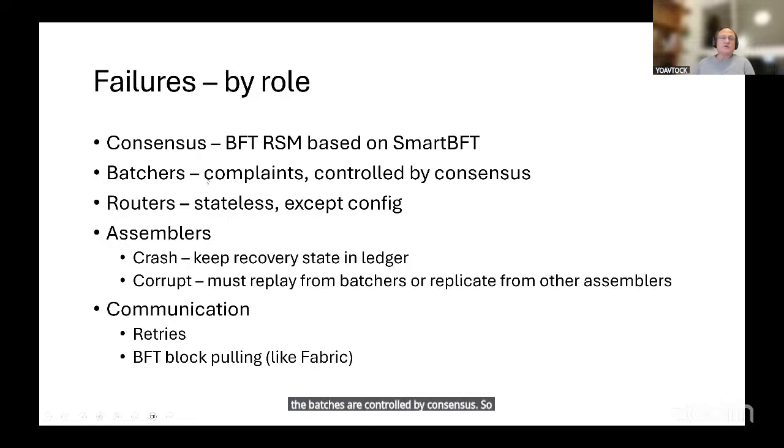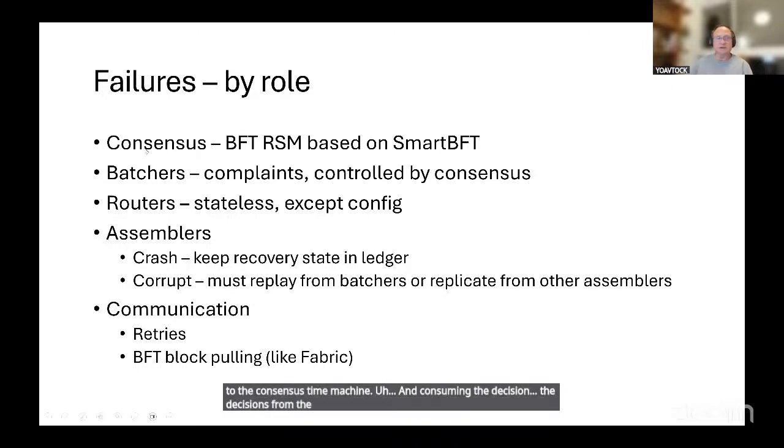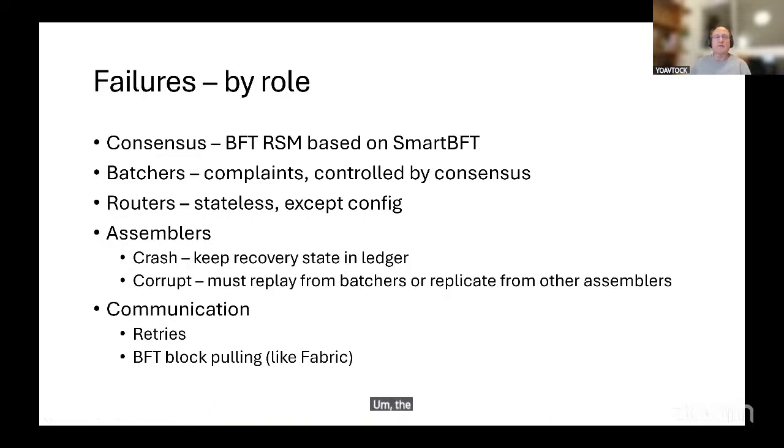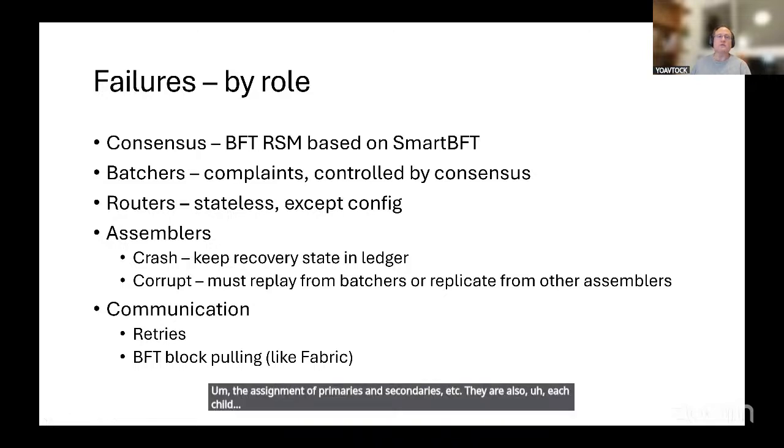So by virtue of complaining to the consensus state machine and consuming the decisions from the consensus state machines, which include the assignment of primaries and secondaries, etc. They are also, each shard is also Byzantine fault tolerant.